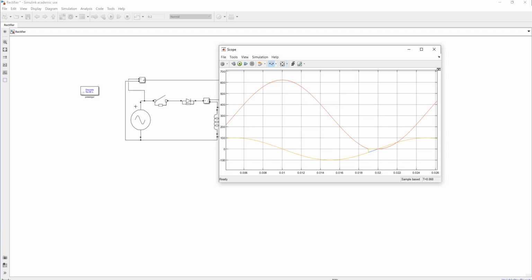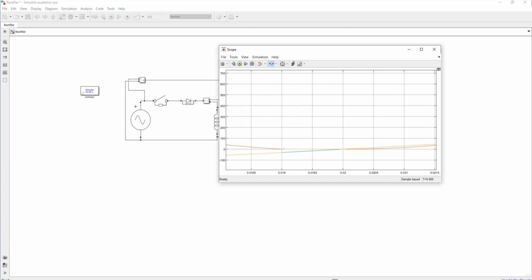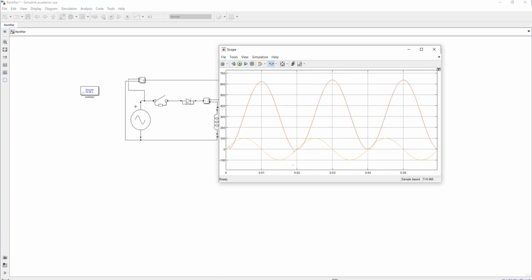Here you can see the voltage across the inductor slightly touches zero, because while it is transitioning, it touches zero. Everything else is normal and proper, so there is no issue and it is going as usual. If you substitute those values, you will get to know how these things are happening.